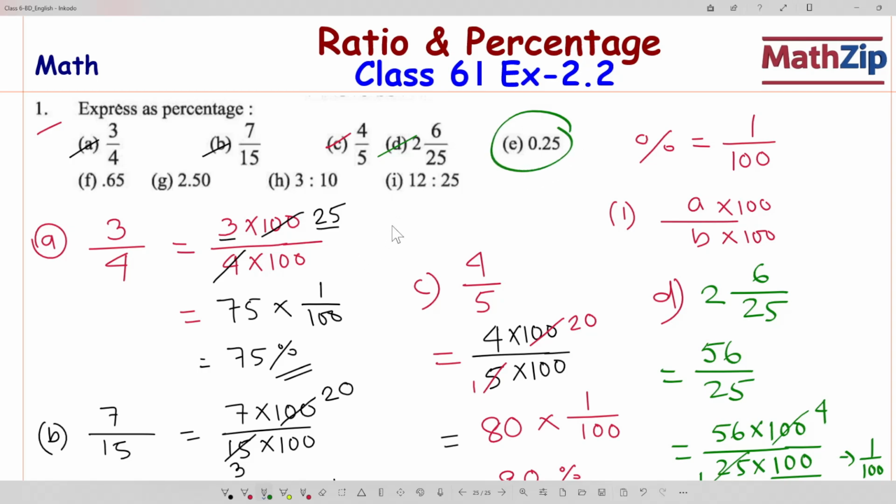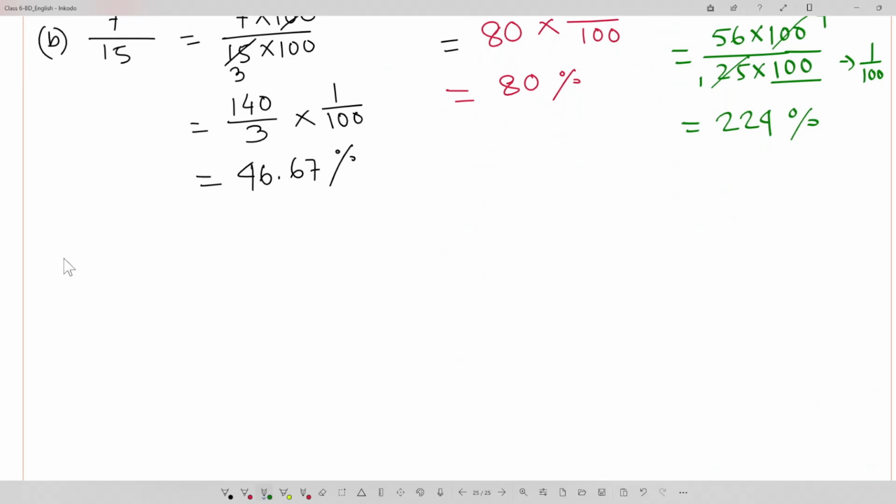Now decimals, we have to make percentage. Number E, 0.25. Okay, so 0.25 we can write 25 by 100. This one is a simple thing.